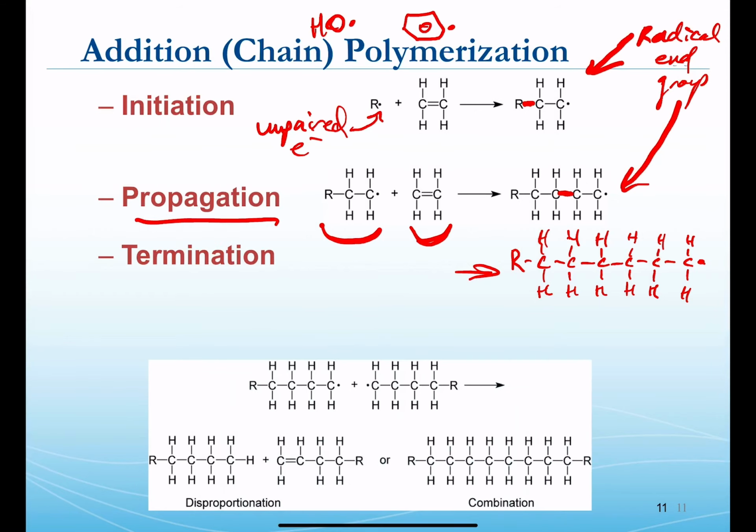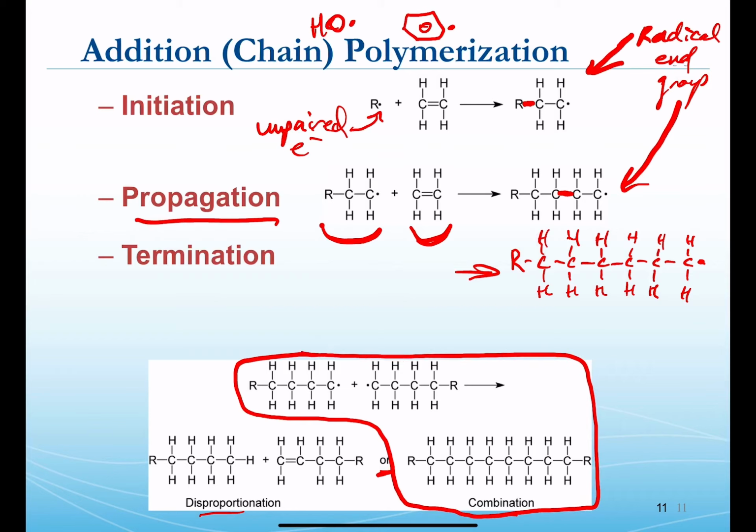Termination has two options. The termination reaction can go by disproportionation or combination. Okay, so note to isolate these from one another, I'll simply break it apart like this. So in the combination termination reaction, two chains, okay, so these could be quite long, have their reactive radical end groups come together and make a single bond at the middle.